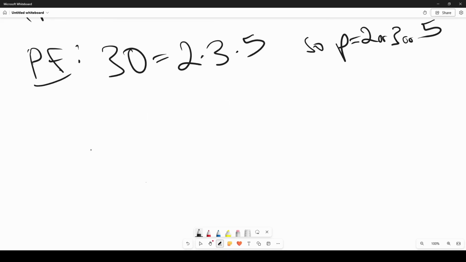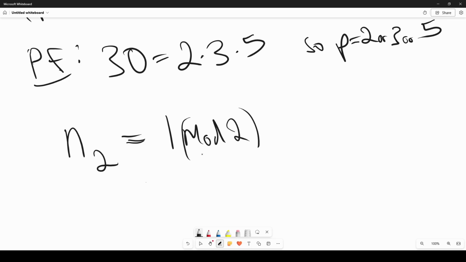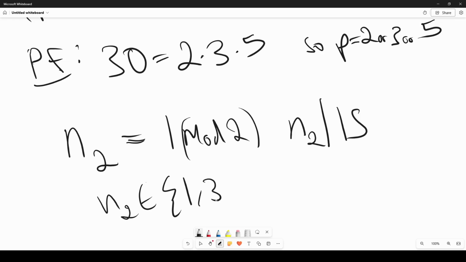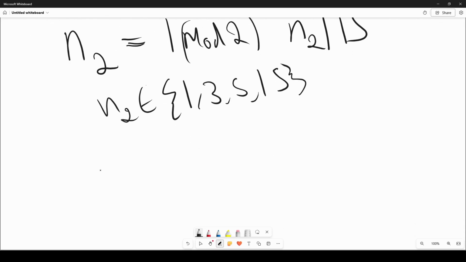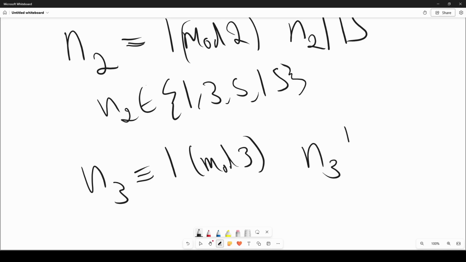So if I look at n2, I get that n2 must be 1 mod 2. And since n2 must divide 15, because 30 divided by 2 is 15, I get that n2 must either be 1, 3, 5, or 15. Okay, n3 is going to be 1 mod 3, and n3 is going to have to divide 2 times 5, which is 10.